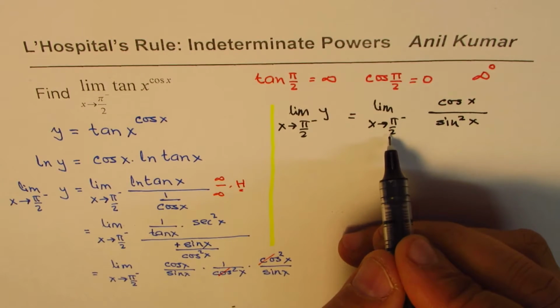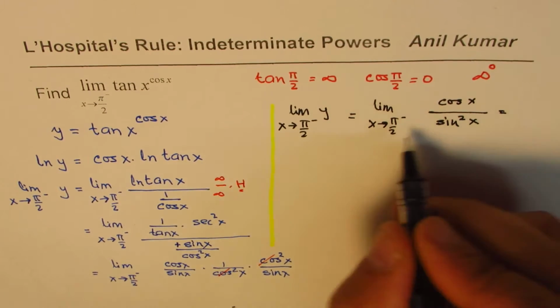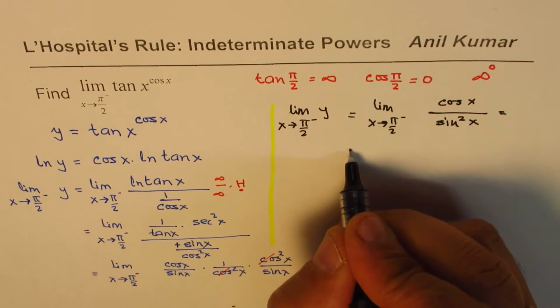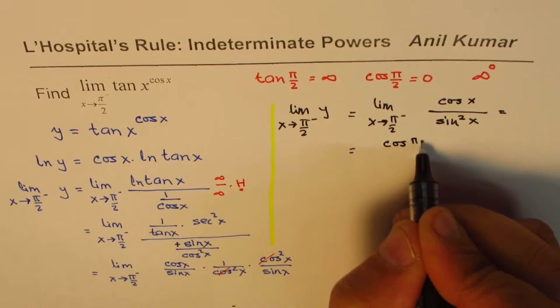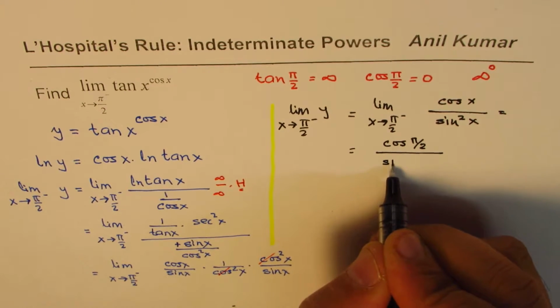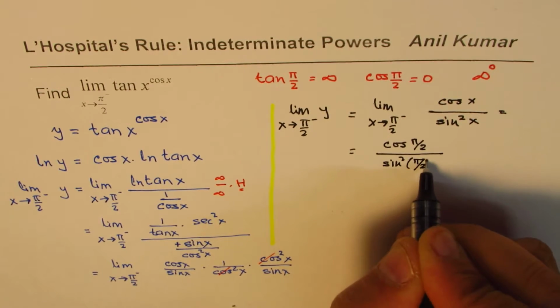Now, if I substitute pi by 2, what do I get? Cos pi by 2 over sine square pi by 2, right?